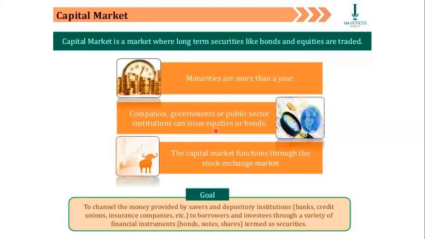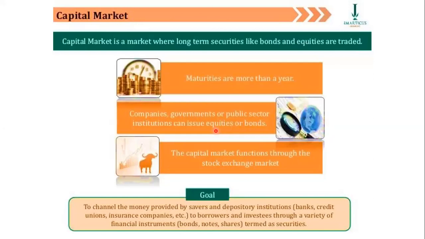The capital market functions through the stock exchange market, normally a well-regulated exchange. For example, in the Sri Lankan context, the Colombo Stock Exchange is the most regulated market in Sri Lanka.